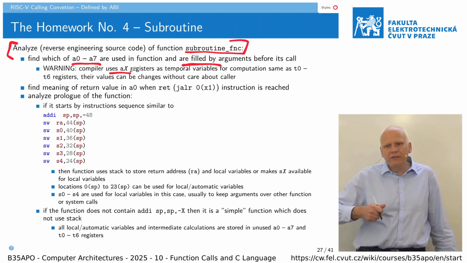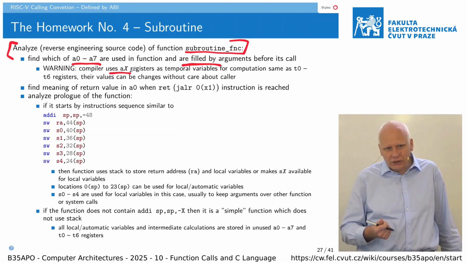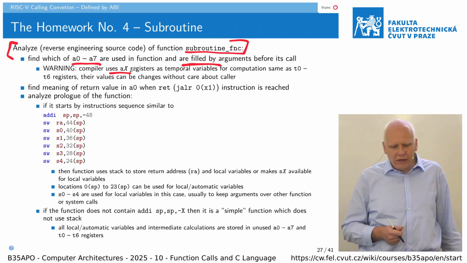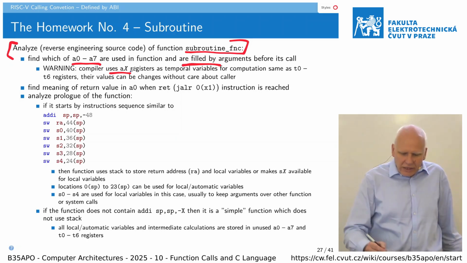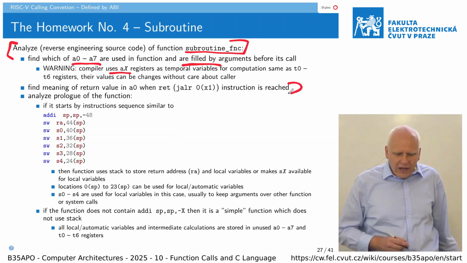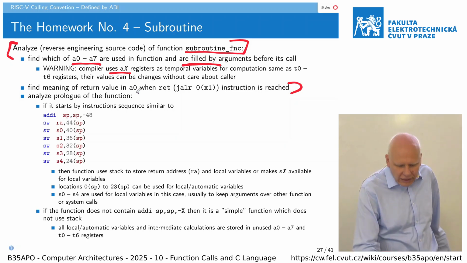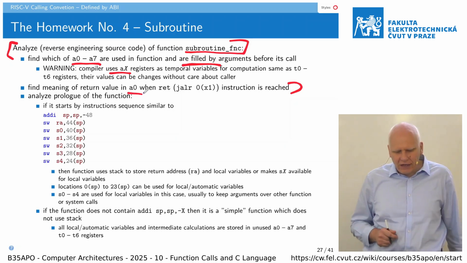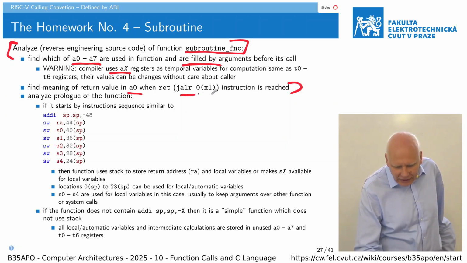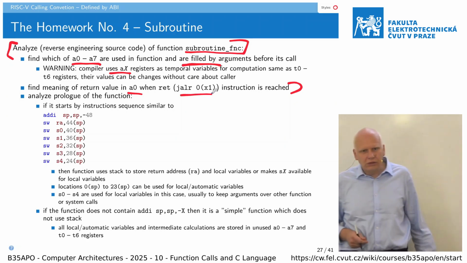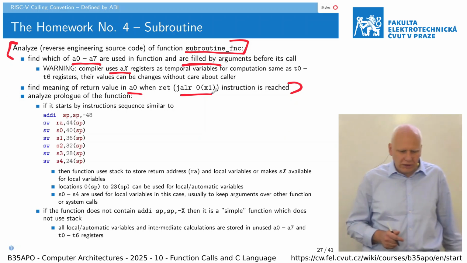If it is first written by the function, then it is a local variable with no connection to the calling function. Then you need to find what is stored into A0, or maybe even A1, but usually only in A0, when there is a return from a given subroutine. So it would be a result from the subroutine.